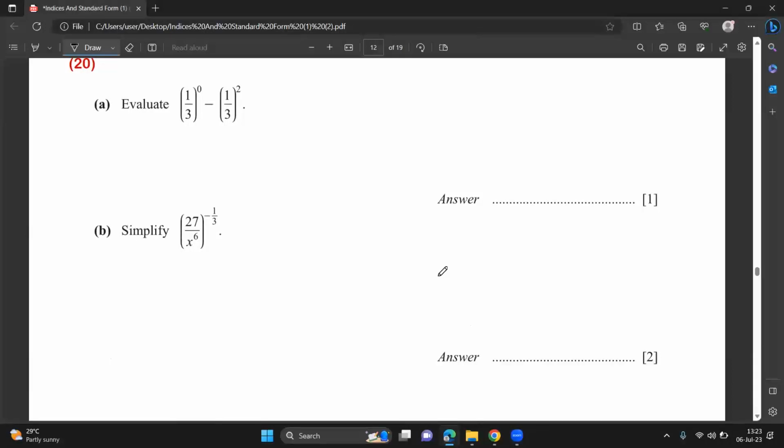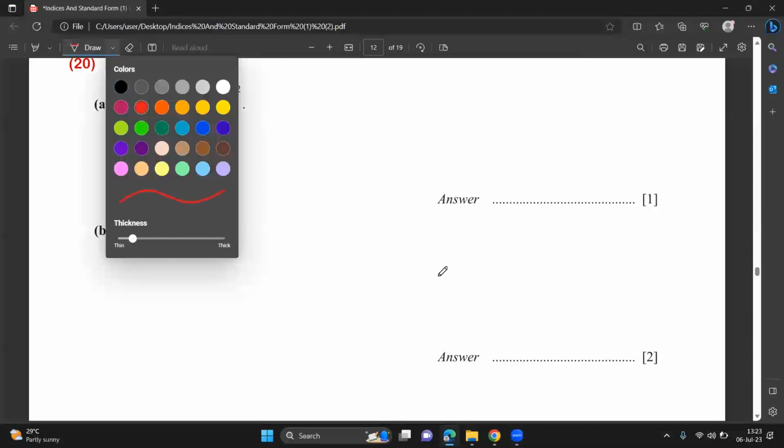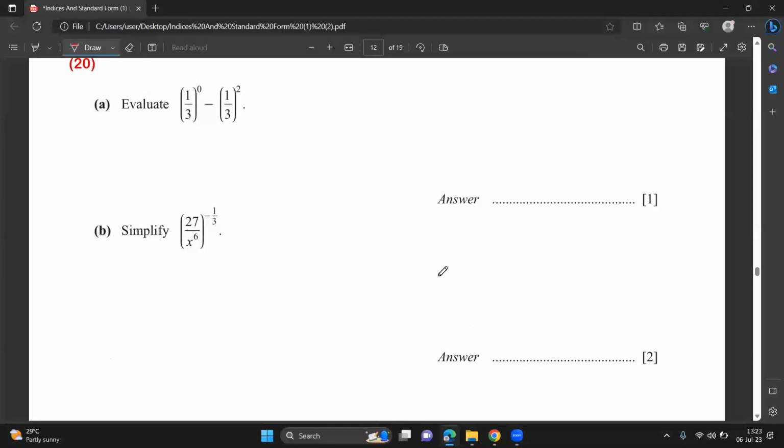Question 20. Evaluate 1 over 3 to the power 0 minus 1 over 3 squared. What is 1 over 3 to the power 0 equal to? 1. 1 over 3 squared is? What is 1 squared?